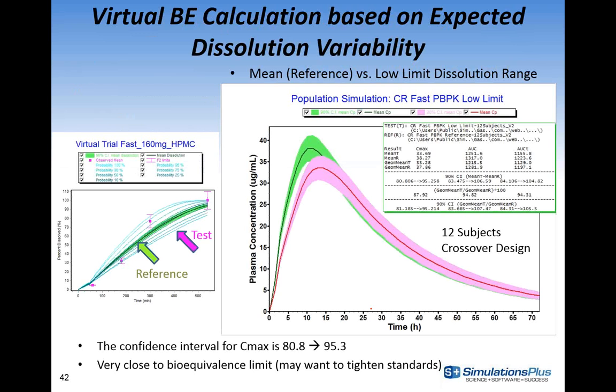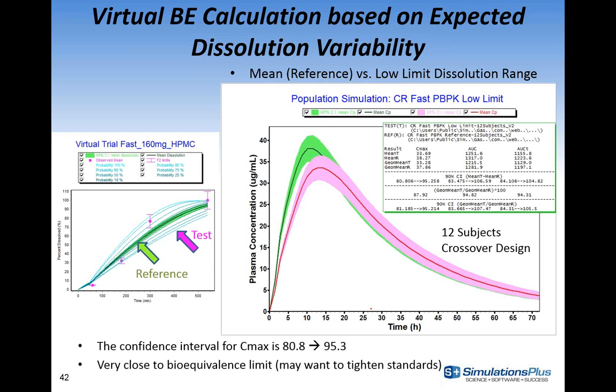So on to the virtual BE calculations. I took those DDDPlus simulations on the left. In this case, the reference is the green, the mean profile of the in vitro dissolution rate. And then the test product is going to be the low end of the dissolution rate spectrum, what I'm calling the low limit of the dissolution range.